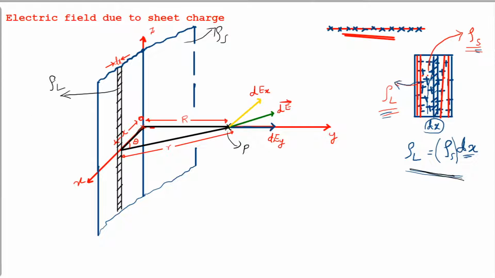So I draw a line from the midpoint of the sheet to this point, and the distance is marked as capital R.